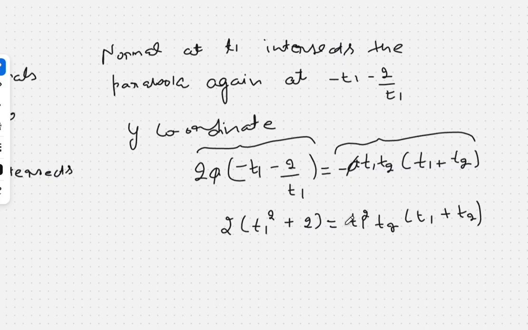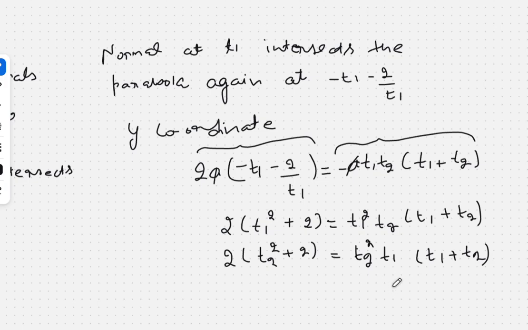Those who are wondering how come we got a t1 square there, it is the LCM. If you take the LCM, it will be t1 square plus 2, and this denominator is sent to the other side to be multiplied. And similarly, by symmetry, we can say the other result will be 2 times t2 square plus 2 is equal to t2 square t1 into t1 plus t2.